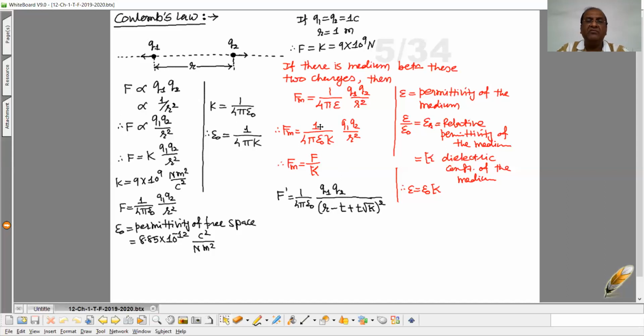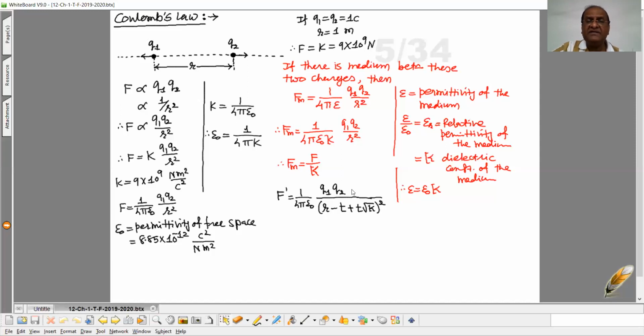But 1 upon 4 pi epsilon 0 Q1 Q2 upon r square is F. Meaning Fm is F by k. It implies that if between two charges there is a medium with dielectric constant k, then the electric force between those two charges becomes 1 upon k times the initial one.